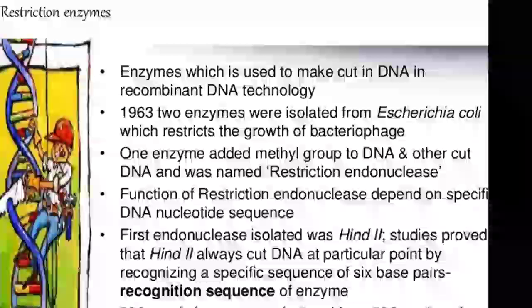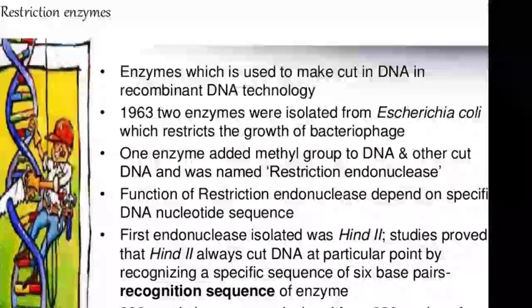In 1963, two enzymes were isolated from the E. coli bacteria, which are responsible to restrict the growth of bacteriophages, the bacteria-eating viruses, on the E. coli bacteria.